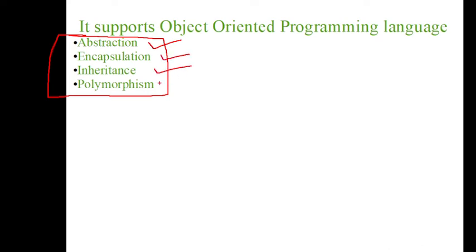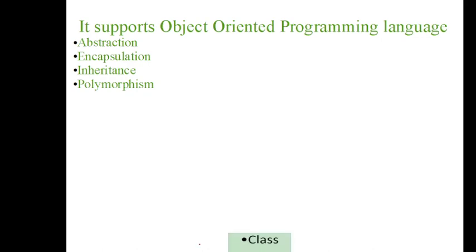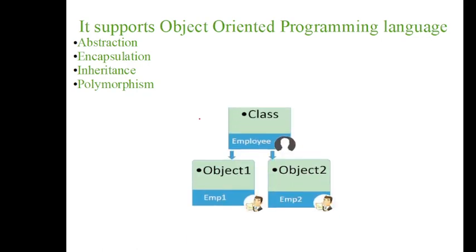It's a broad topic, so we'll discuss it one by one. Currently, just understand these are the 4 pillars of the object-oriented concept. To implement this, we need to understand one more concept called the object and class concept.